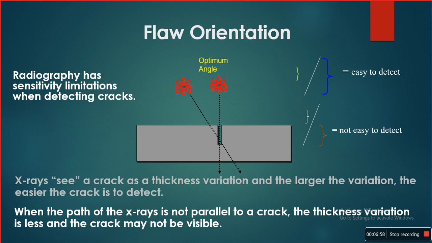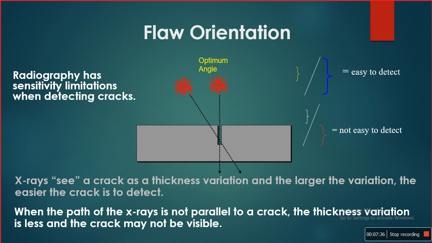So the position of a flaw within the component cannot be determined exactly with a single radiograph. Why? Because we can't know the exact orientation of the flaw presented inside the component. But by taking several radiographs with the beam directed at the object from a different angle for each exposure, it should be possible to determine the exact position of the flaw in relation to the thickness of the object.